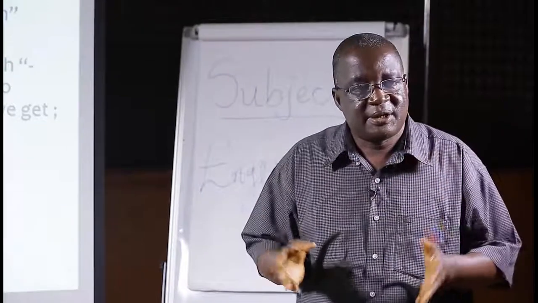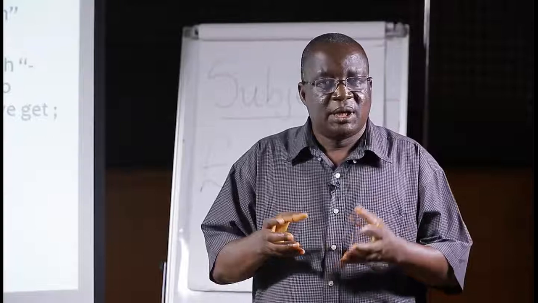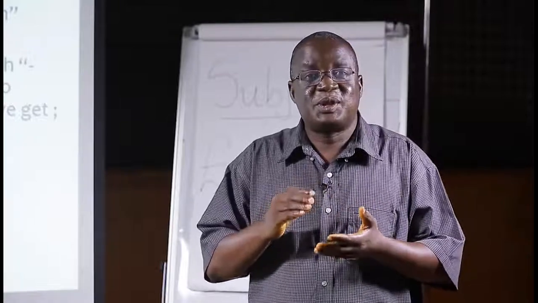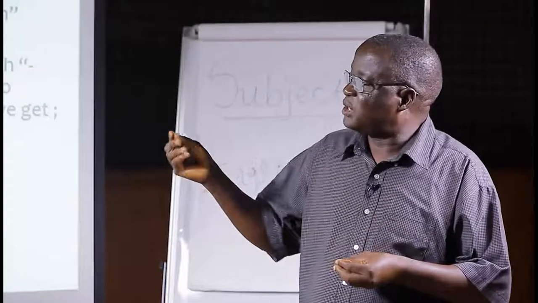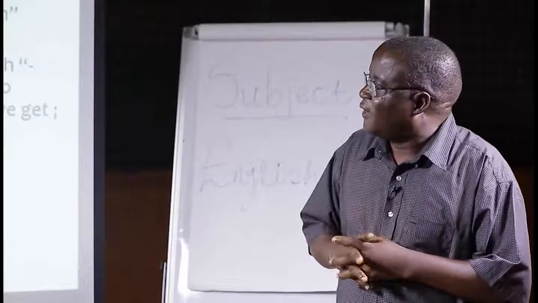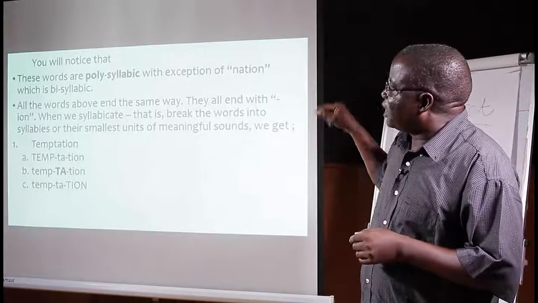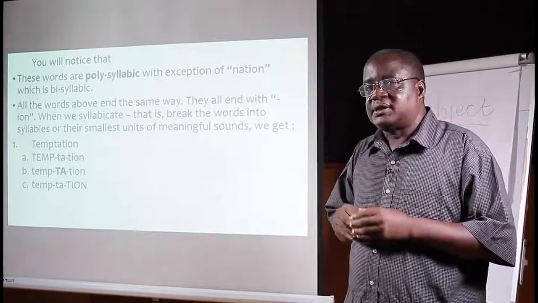Then we syllabicated these words into the various syllables that combine to form them. Now, a syllable is the smallest unit of meaningful sound. Each of the syllables we have, for example, in the word temptation, we have 3 syllables, and therefore, since the word ends with ION, the syllable before the last is the one that is going to be emphasized.